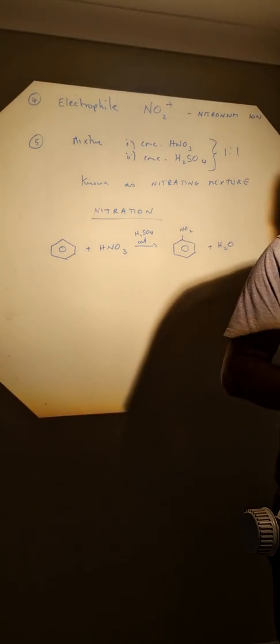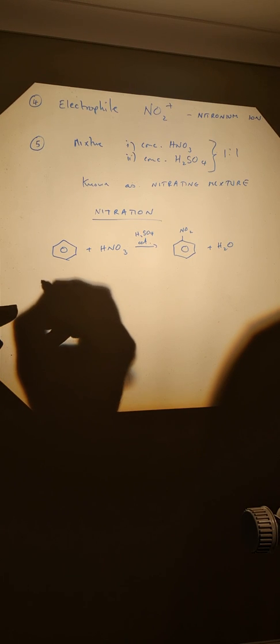Now, I went through the reaction in more detail in a previous video, but what I want to talk to you about now is, what if we do this not with benzene, but what if we start with methyl benzene? So CH3 methyl group attached to benzene.